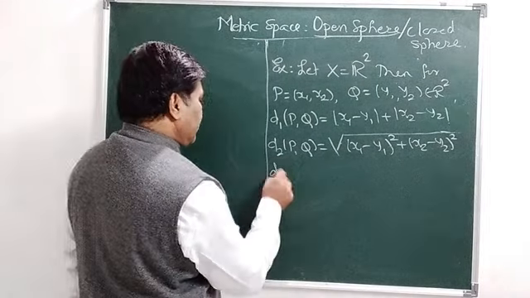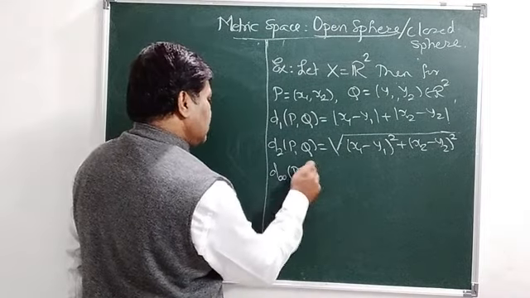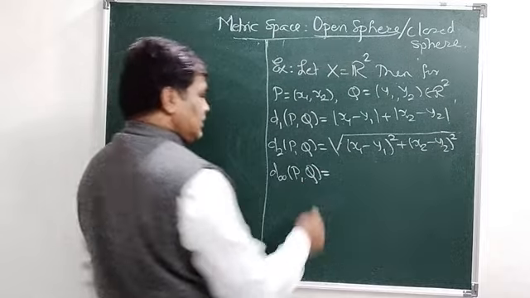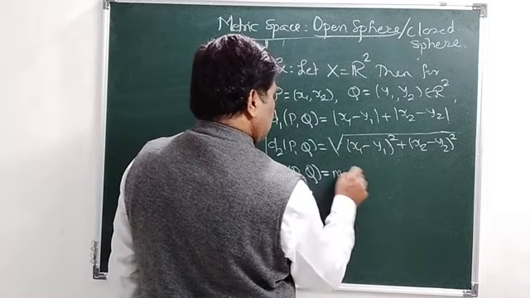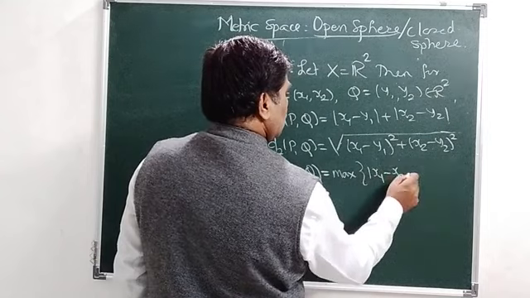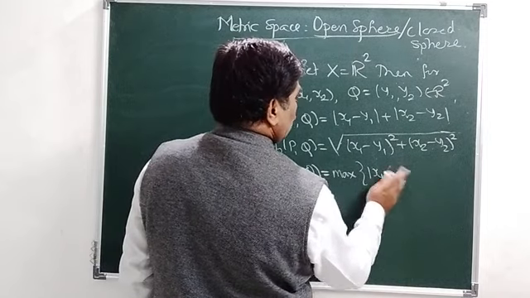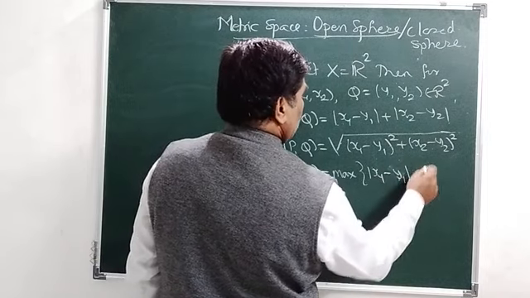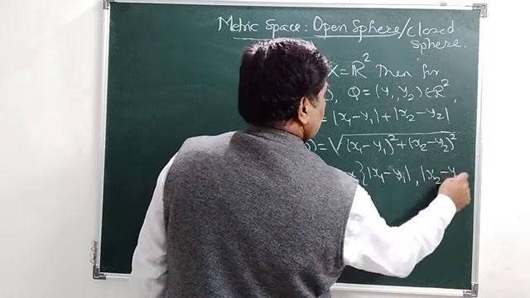And d infinity of p, q, which I have defined as the maximum of mod of x1 minus y1, comma, mod of x2 minus y2.